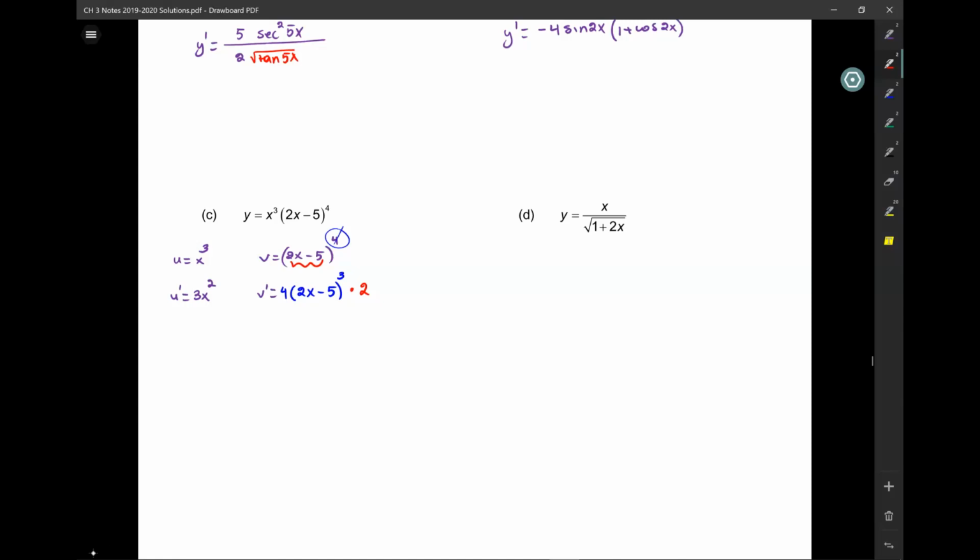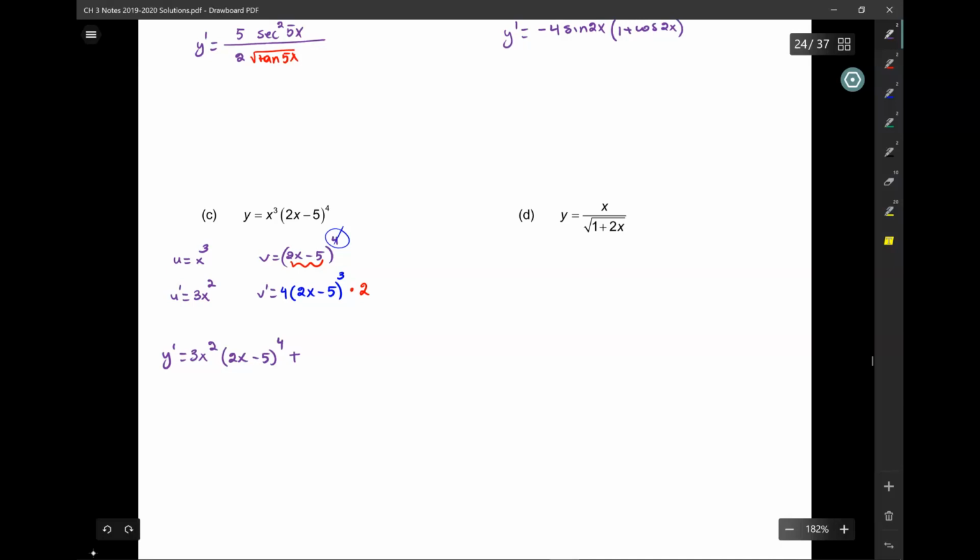Okay, so now y prime is u prime v. So it's 3x squared times (2x minus 5) to the 4, plus uv prime.